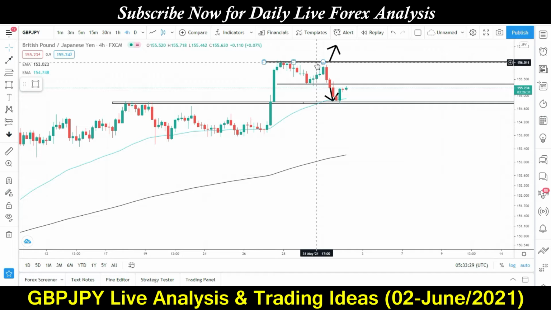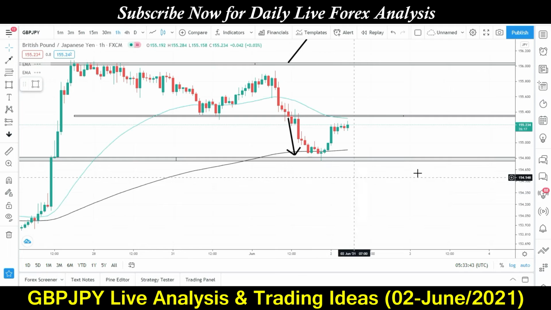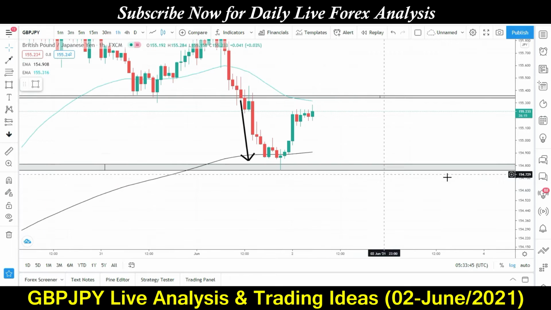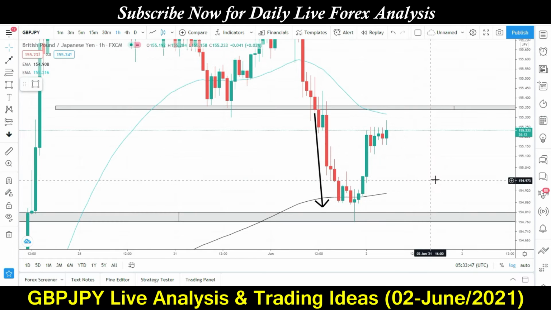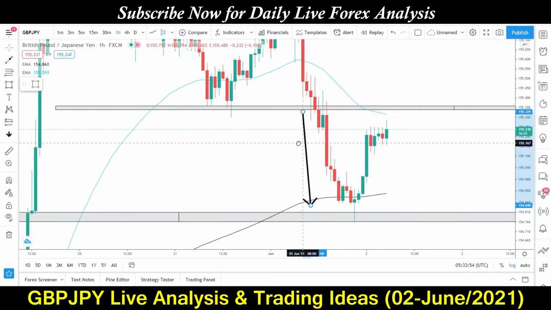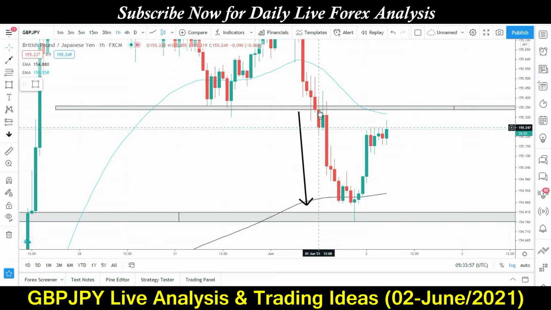So this was the resistance and this was the support. I gave a trading idea that if the market breaks this support, there is a high probability that the market will go down. So let's come to the H1 time frame. This was the resistance level which I drew, and this candle broke this support level and closed below the support.